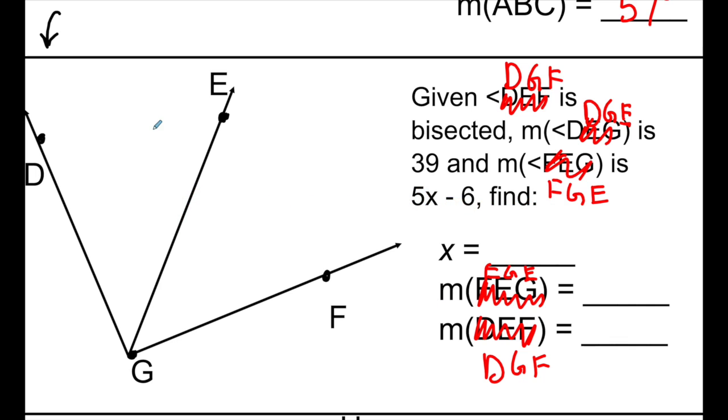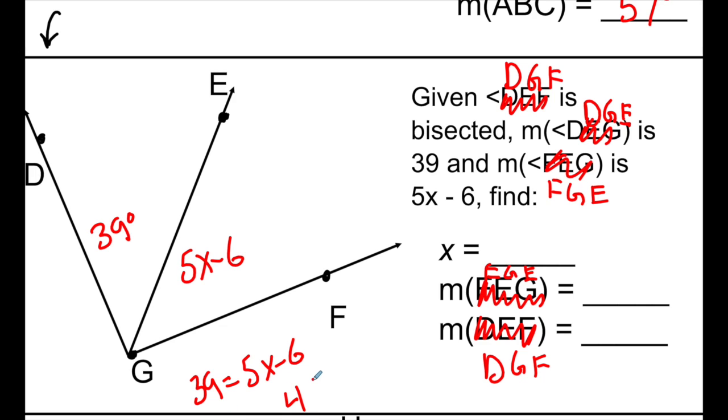All right, so here we go. So here's what I know. I know that DGE is 39 degrees. Okay? I know that FGE is 5x minus 6. So here we go. Well, what do we know? 39 equals 5x minus 6. So I add 6, 45 equals 5x.